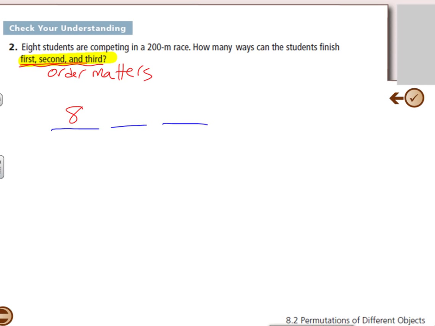Well, you can't get first and second at the same time, so it's not repeating. The second place is going to be a different student. There's 7 others that can get there. Then third place, 2 have already been used. That's 6. So 8 times 7 times 6 gives us 336. There's the fundamental counting principle.